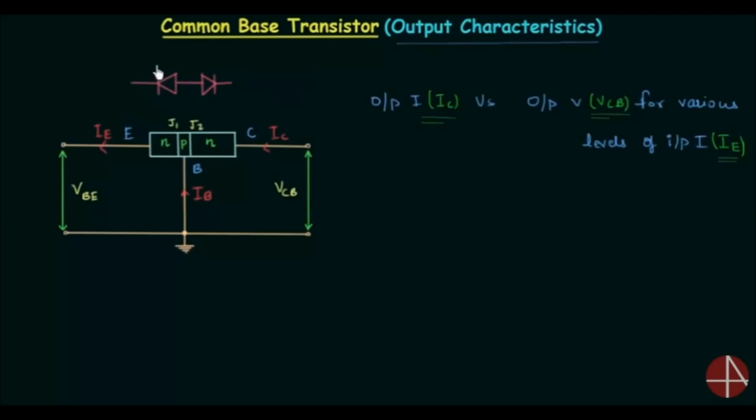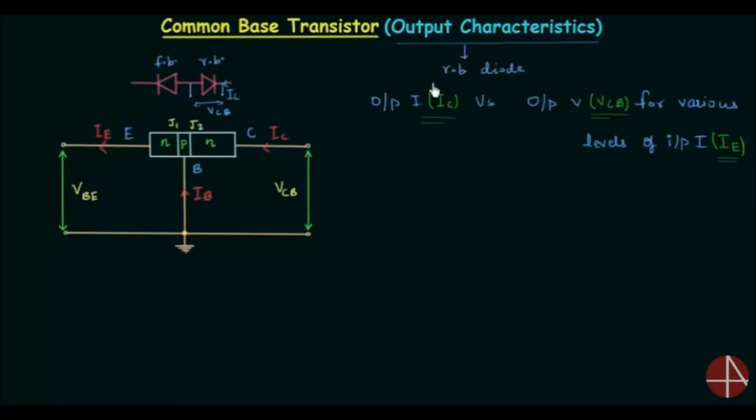So the first diode is forward biased and the second diode is reverse biased. Current through the second diode is IC, the collector current, and voltage across this diode is equal to VCB. So the output characteristics is simply the reverse bias characteristics of diode.